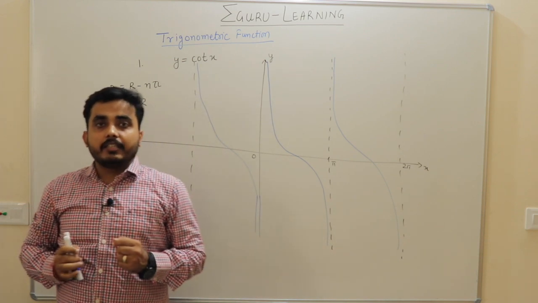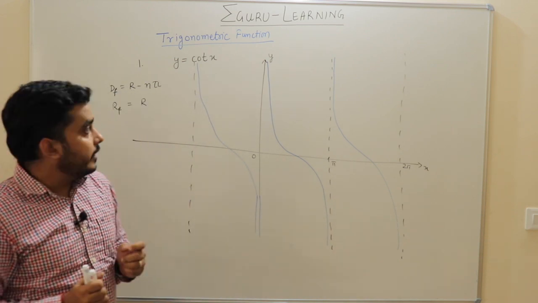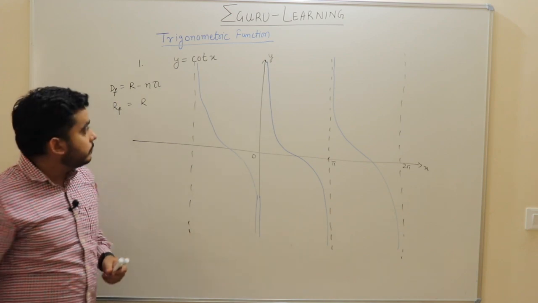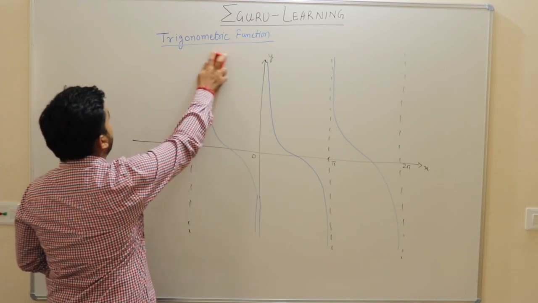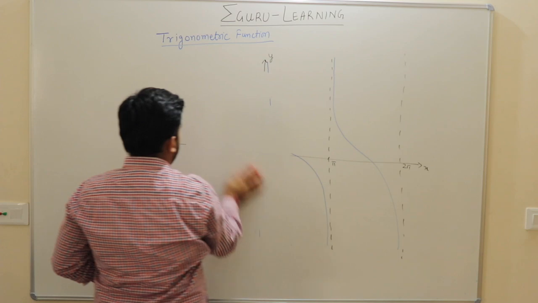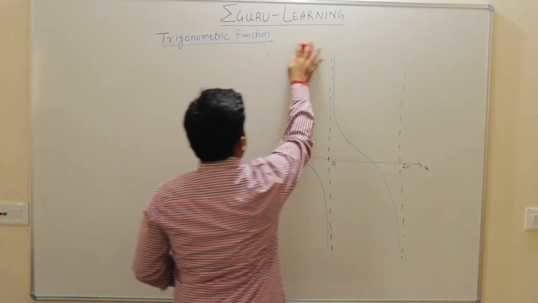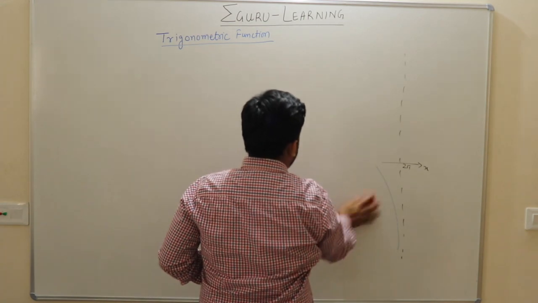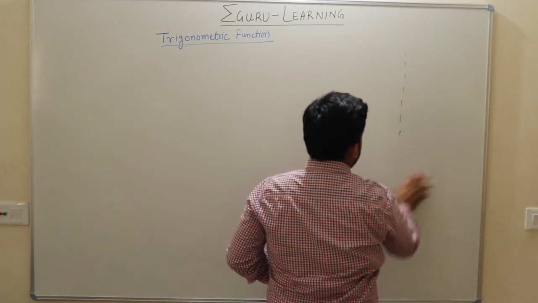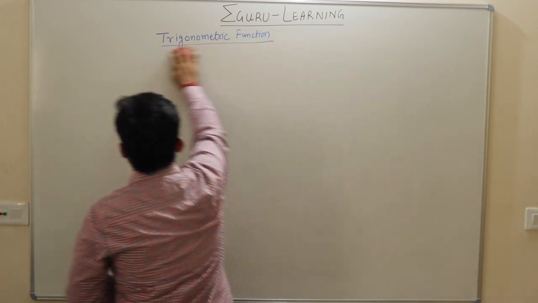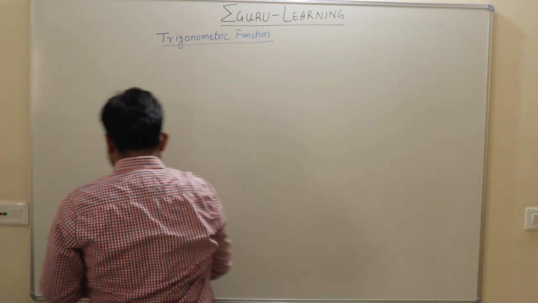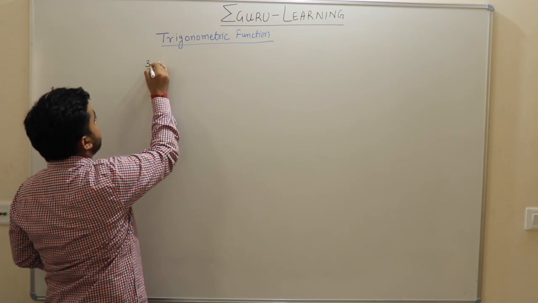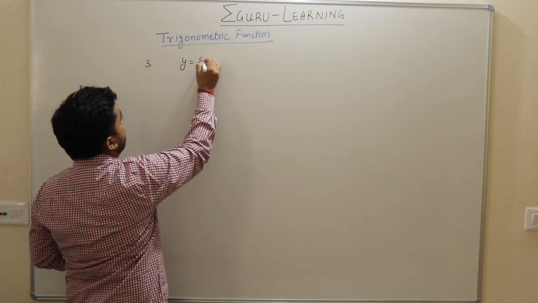Now let us see the graph of y equals secant x. Now the third one is y equals secant x.